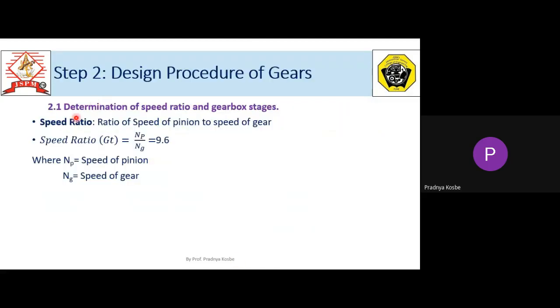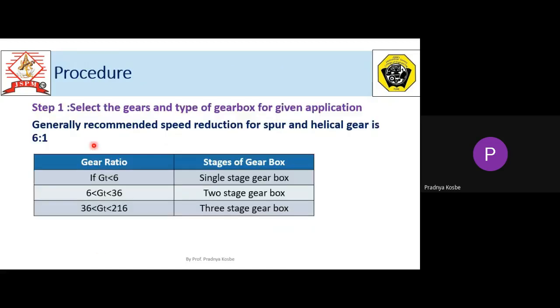Now here, input speed is 1440 rpm and output speed is 150 rpm. So gear ratio will be 1440 divided by 150. You will get 9.6. So obviously it is in between 6 and 36.